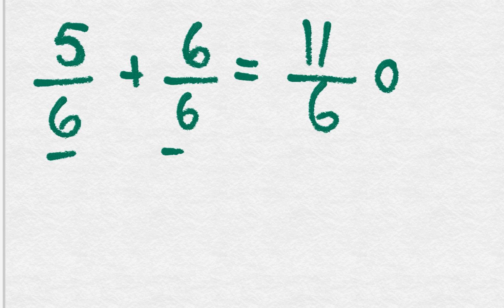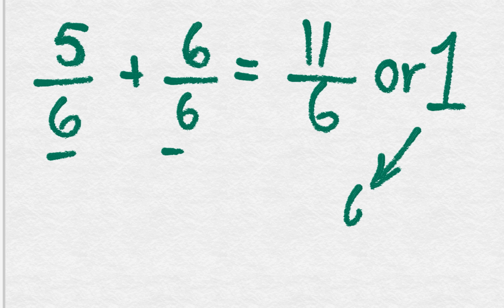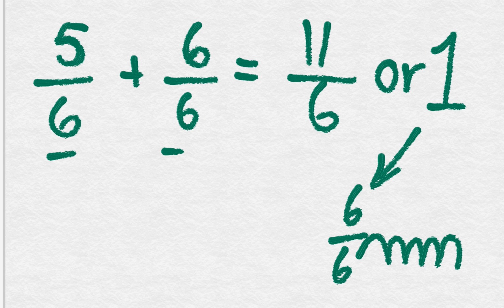We can also, if we look at it, if the top number here is bigger than the bottom number, we can write that as a mixed number. We have 1 whole because 6 over 6 equals 1. And if we count on from 6, we've got 6, 7, 8, 9, 10, 11 is 1, and 5 over 6.